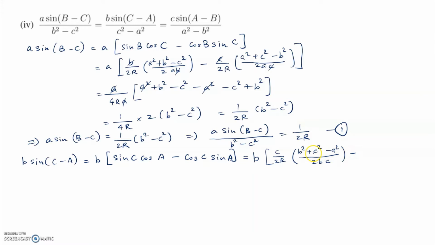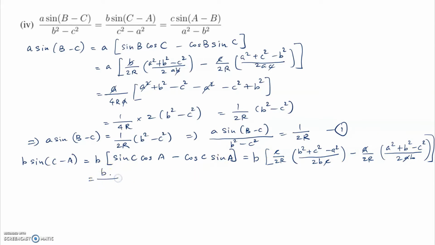Minus, now the sine a will again become a by 2r into, our cos c will be a squared plus b squared minus c squared divided by 2ab. Close brackets here. Again, cancelling the common terms and bringing out the terms outside.